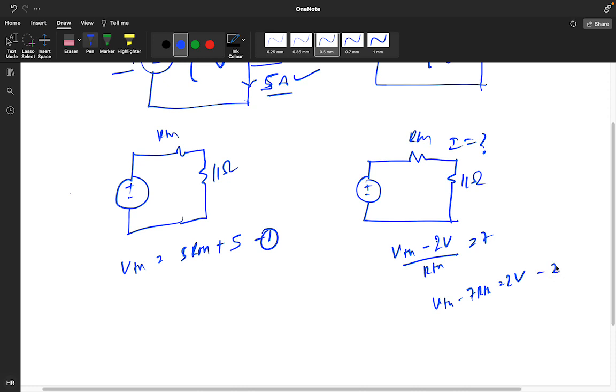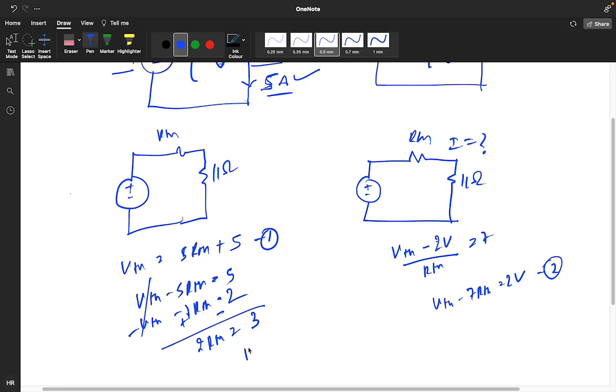Now you have equation 1 and equation 2. You can find the values of VTH and RTH. VTH minus 5 RTH is equal to 5, and VTH minus 7 RTH is equal to 2. Subtracting, what value do you get? 2 RTH is equal to 3, so RTH is 3 by 2.